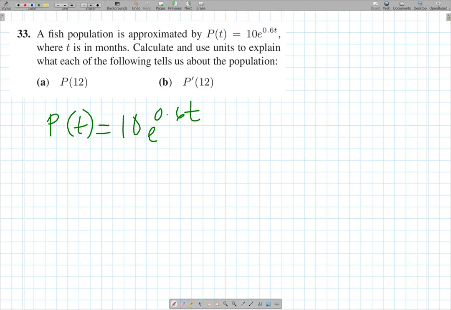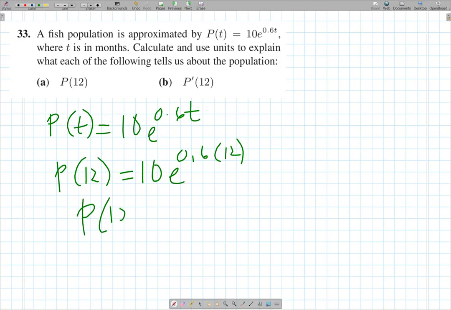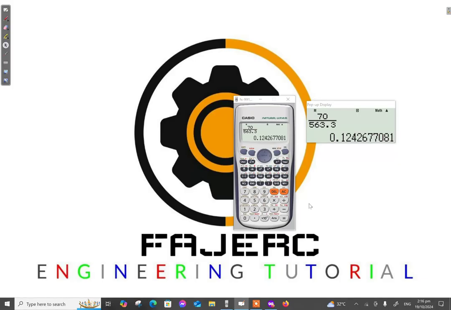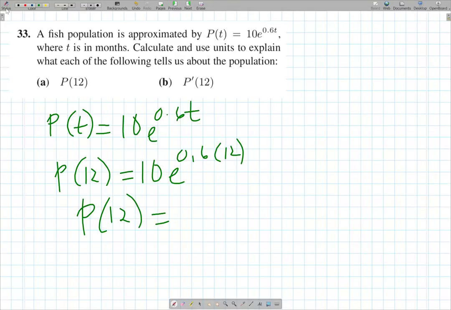Okay? So, P of 12 no, is equals to 10 e 0.6 times 12. Kasi our T is 12. So, our P of 12 is equals to, using calculator, 10 alpha E, no? Exponent 0.6 times 12.